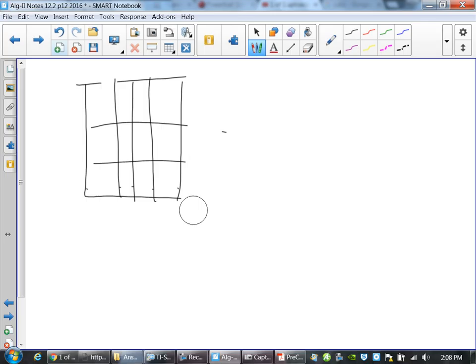Oh, wait, there should just be 5. I'm on the wrong. Wait, 1, 2. Oh, there was 6. Sorry. How many vertical lines did it tell you to choose? 2. How many horizontal lines are there? 4. How many of those are you supposed to choose? 2.